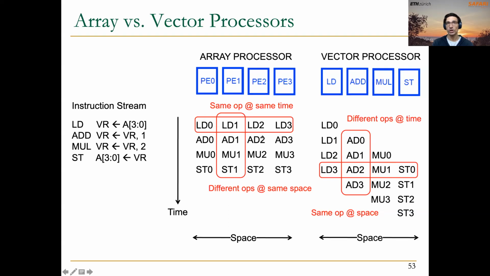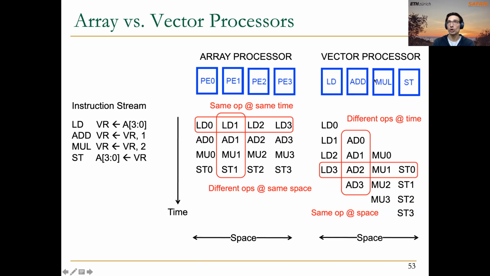In the next cycle, we issue the addition, then the multiplication, and then the store operation. So as you see, we have the same operation at the same time on different spaces, on different processing elements, but we have different operations in the same space at different times. So this is time from top to bottom and space from left to right.